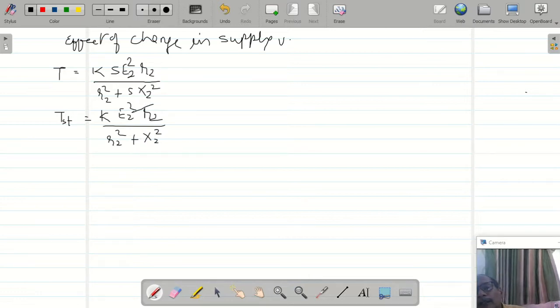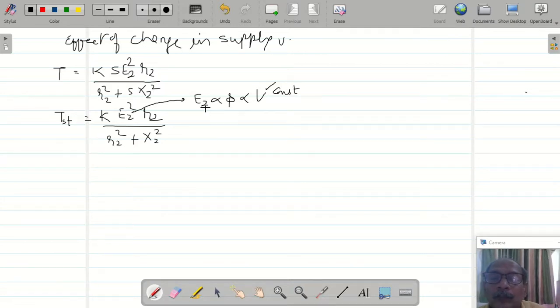If supply voltage is constant, we know E2 is proportional to flux, it is proportional to V. So E2 will be constant. Or if you assume R2, X2 are constant, because once you design the machine, R2, X2 will be constant.